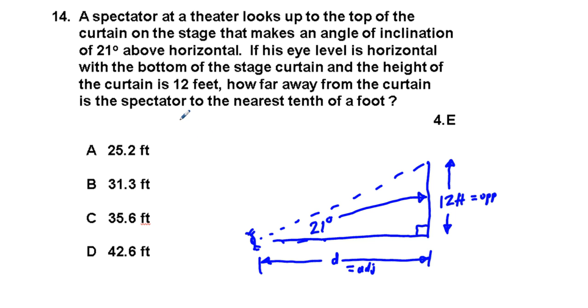For trigonometric ratios, we have two choices. We can use tangent of 21 degrees equals opposite over adjacent, D.